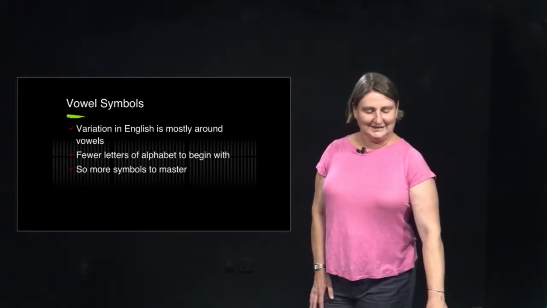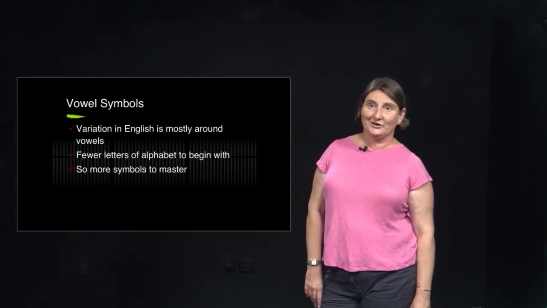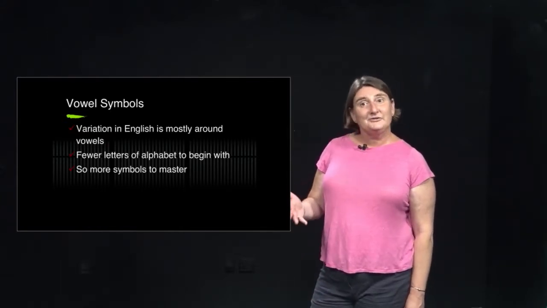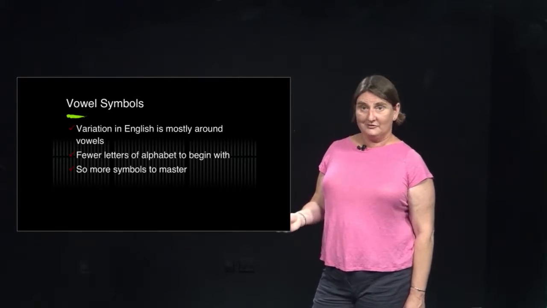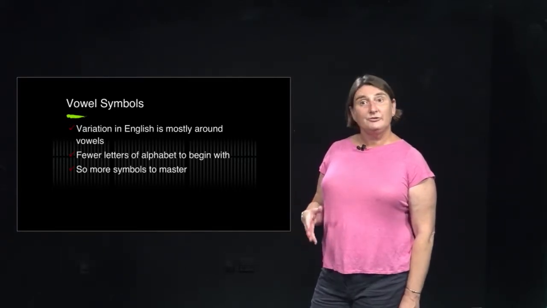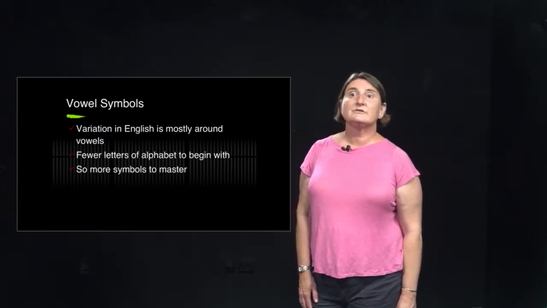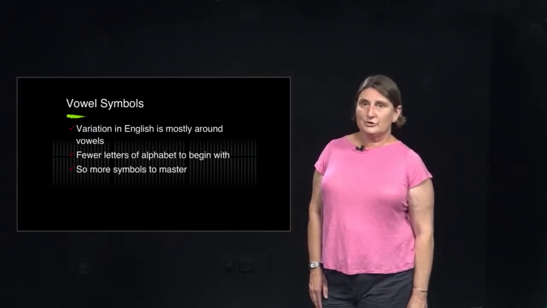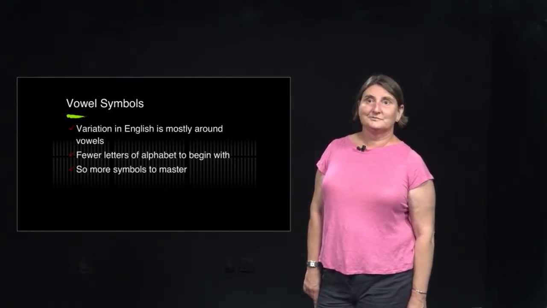All right. Now I have to say, this is the more challenging part. I really feel like by now you should feel pretty confident in the consonant symbols. If you don't, go back to the transcription sheet that gives you all of the symbols and review those. We're going to move on to the vowel symbols now.